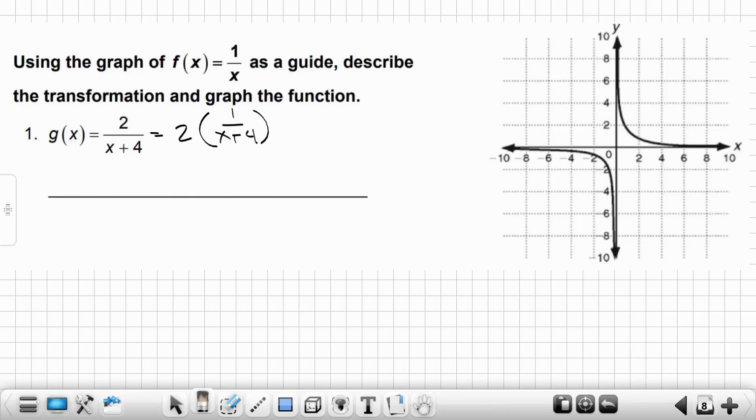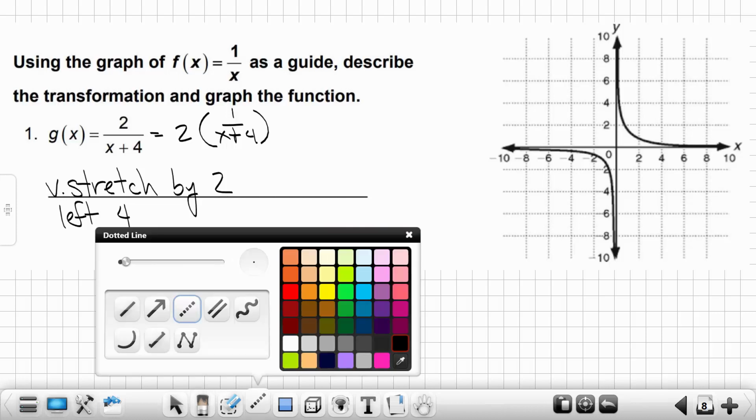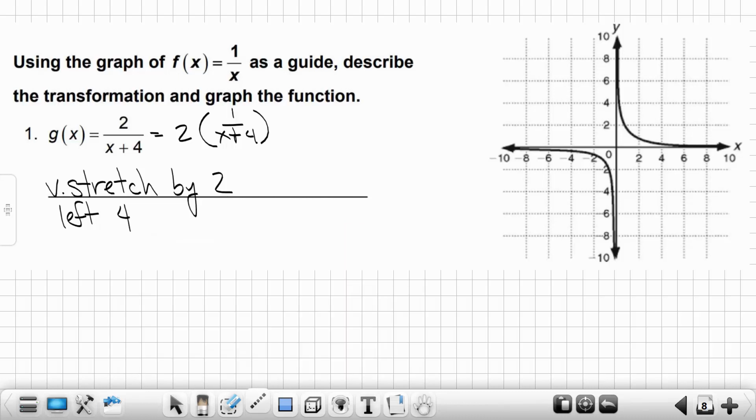So what is that 2 doing? Vertical stretch by 2. And then the 4 is moving it left 4. So describe the transformations. It's a vertical stretch by 2, and it's been moved left 4. How would you know it's a stretch? It's a stretch if it's larger than 1.